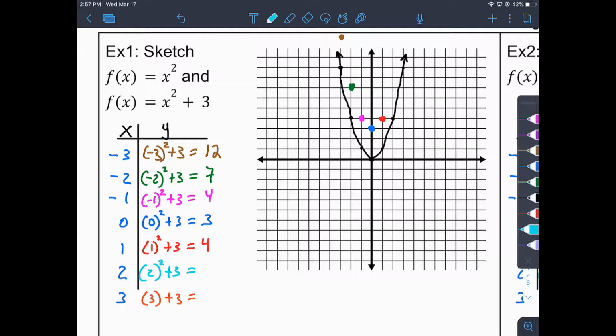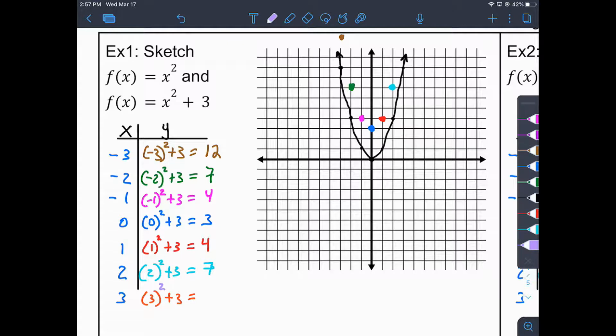Next one, this light green color. Anyways, 2 squared is 4, plus 3 is 7. So I'm going to go over to position 2 and up to position 7. And last but not least, 3 squared. Oh, hang on, this was supposed to be squared.